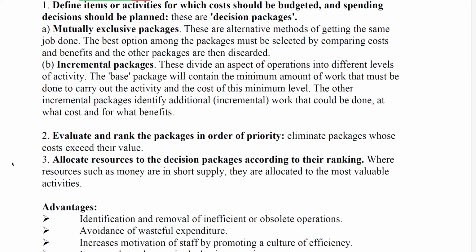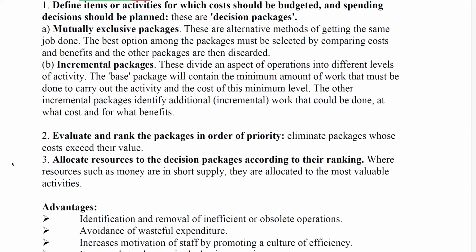Then from there, you now allocate resources to those decision packages according to their ranking. So in the order of your hair extensions, food, school, which one are you now going to what? Allocate. You've already ranked them, right? In order of priority. Okay, that's fine. Now, where resources such as money are in short supply, you allocate it to the most valuable activities.